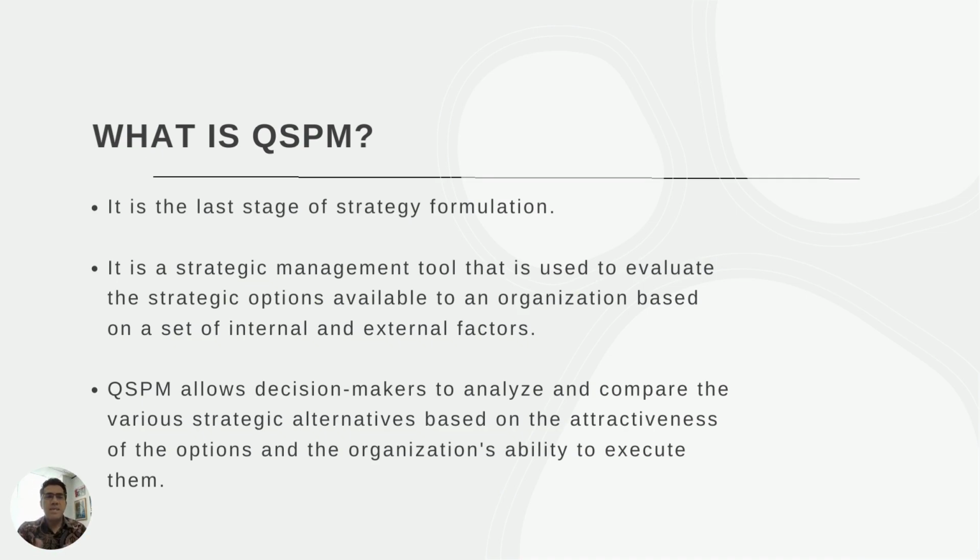What it means is that, looking at and considering our internal and external operating environments, we have to make a decision based on the strategic options that we have. Like I said earlier, it is quite impossible for the organization to implement both of the strategies at the same time. So they need to prioritize, and QSPM would allow them to do that.